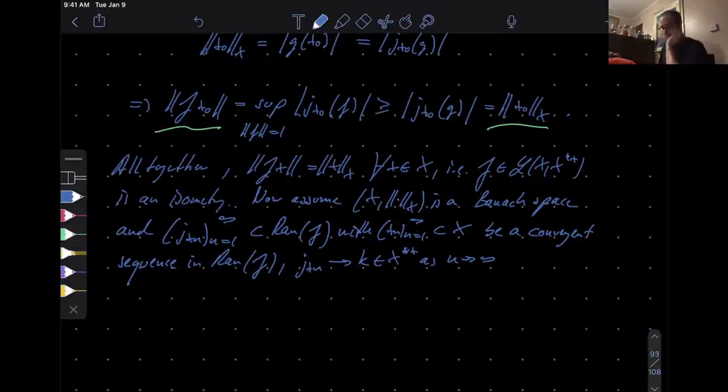Now to show that the range is closed, what we have to establish is what I write here in yellow, that there is some element x_infinity such that K is equal to J_{x_infinity}.